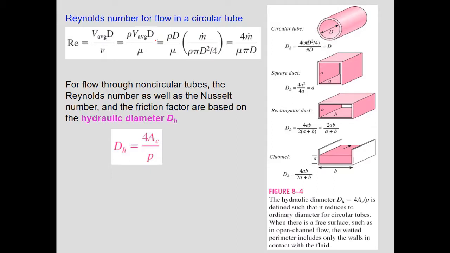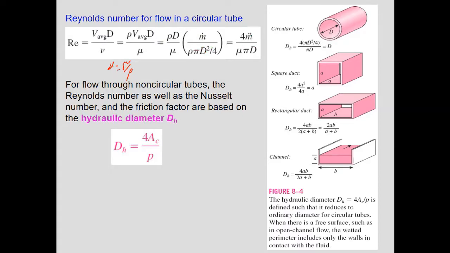By rearrangement, if you remember, this kinematic viscosity was equal to mu divided by rho. If you put it here, you have this equation, rho V average D by mu. Then we can substitute V average from the previous slides. If you go to the previous slide, you can find that.